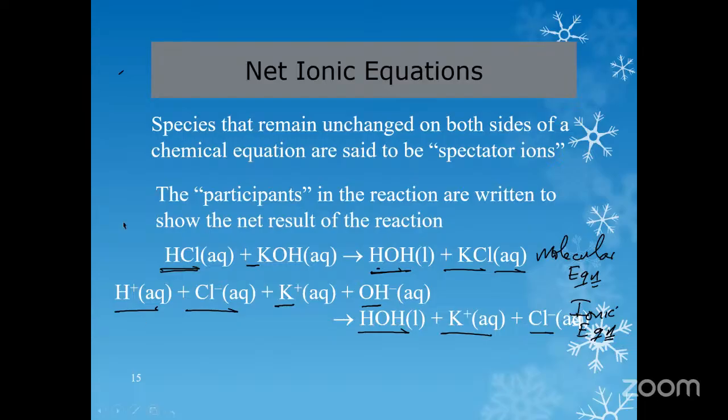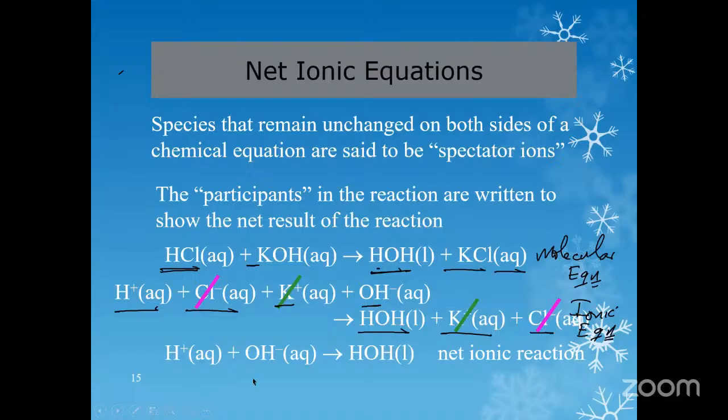They remain unchanged, so you can cancel them out. The other ion that remains unchanged is the potassium ion, so you can cancel those as well. We cancel out those spectator ions and write down what is left, and that is the net ionic equation: H plus reacting with OH minus on the left side, and on the right side the only thing that remains is H2O, or water. That is the net ionic equation.